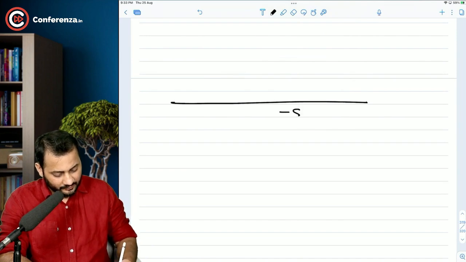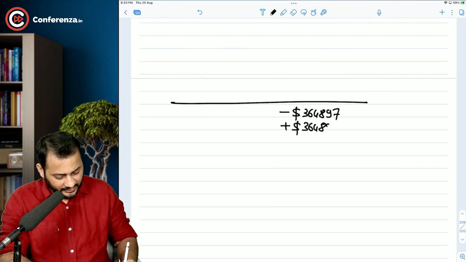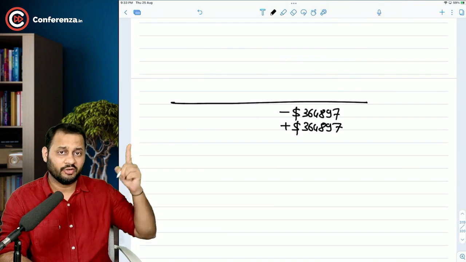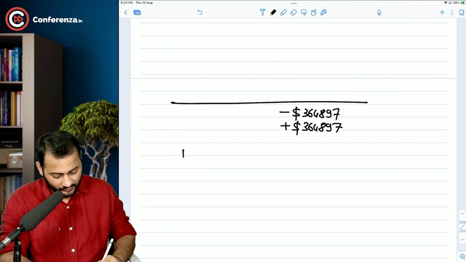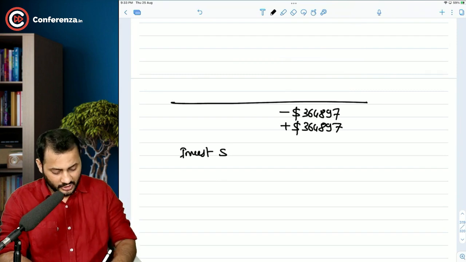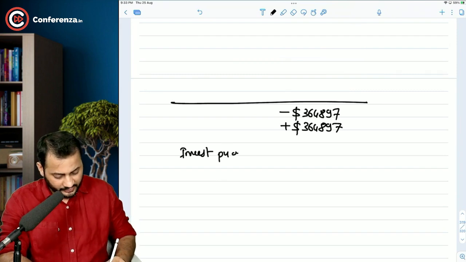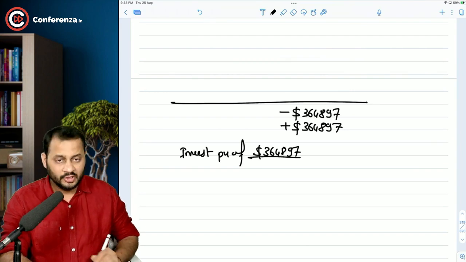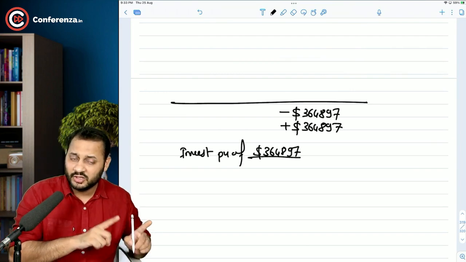We have the liability of 364,897. We will create the asset of 364,897. In order to create receivable, we will have to invest dollar today. And how much? Invest present value of $364,897.